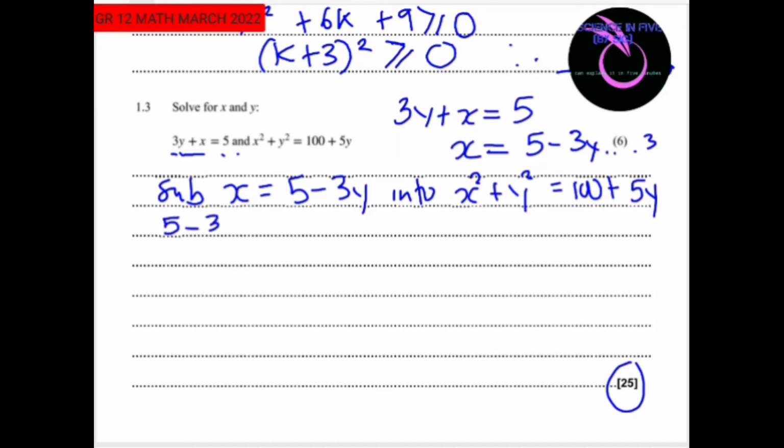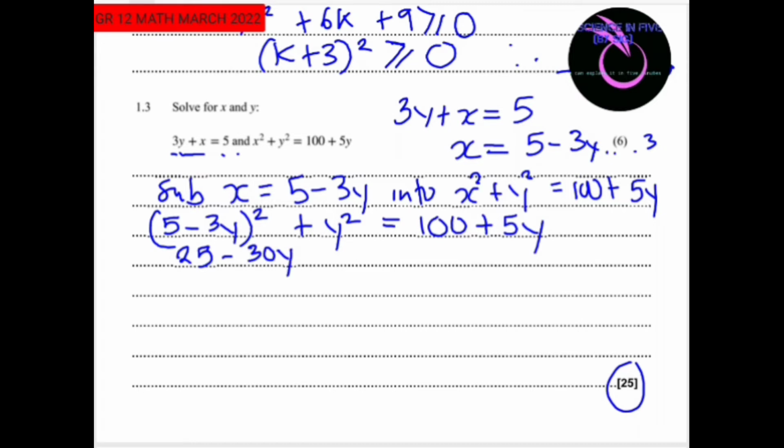So it's 5 minus 3y squared, we'll be squaring a binomial again, plus y squared is equal to 100 plus 5y. Let's square the binomial. 5 times 5, 25. 5 times minus 3y, minus 15y, times 2, minus 30y.